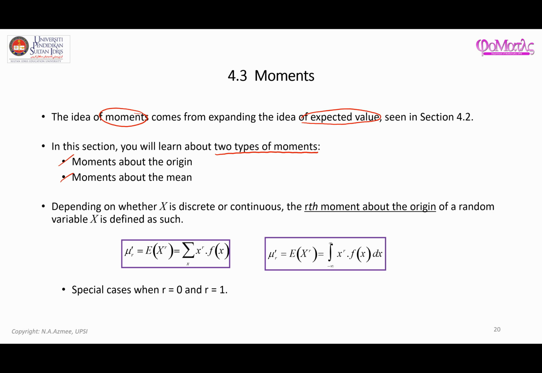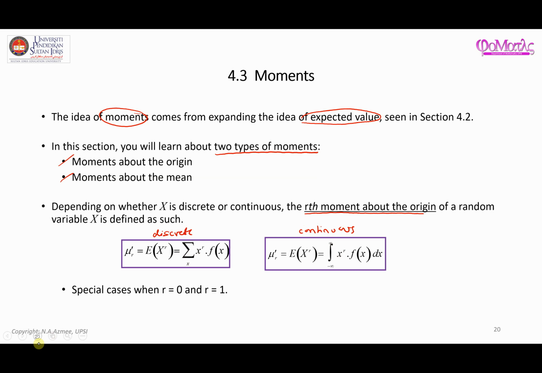Now, depending on whether x, our random variable here, is discrete or continuous, the definition of the rth moment about the origin is defined as such. This one is for the discrete case, where you have a summation, and this one is for the continuous case, where you have to deal with integration.